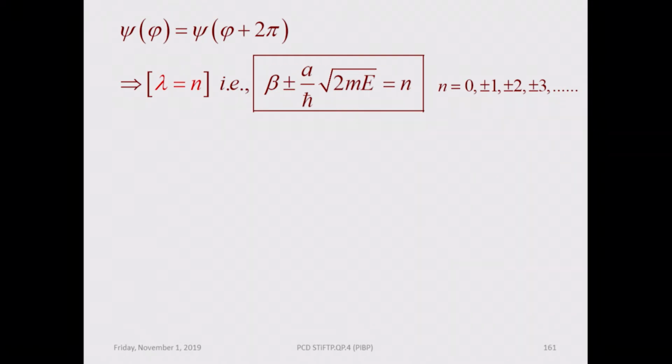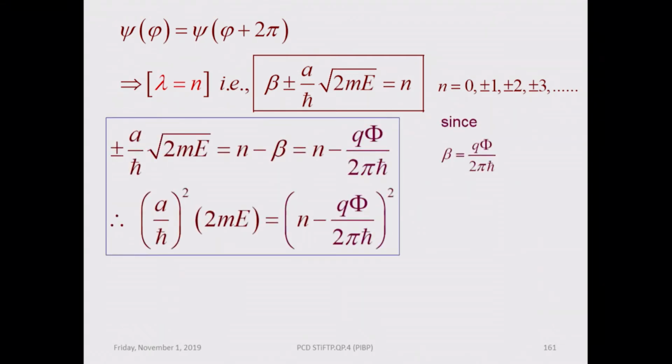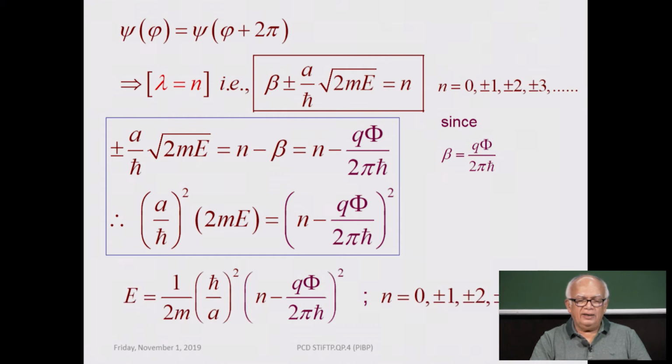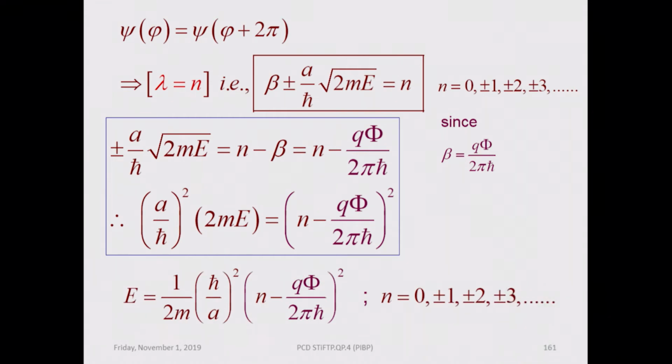It can of course be 0, which is both a positive integer and a negative integer. And you can rearrange this to get the energy itself, and the energy turns out to be given by this constant, which of course has the flux.